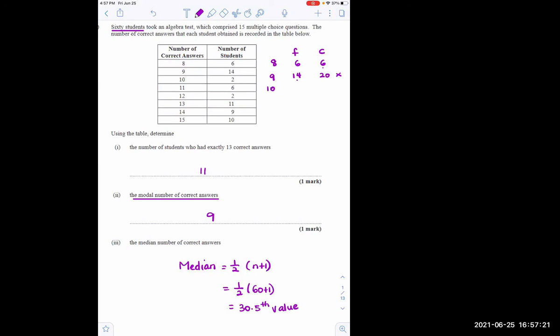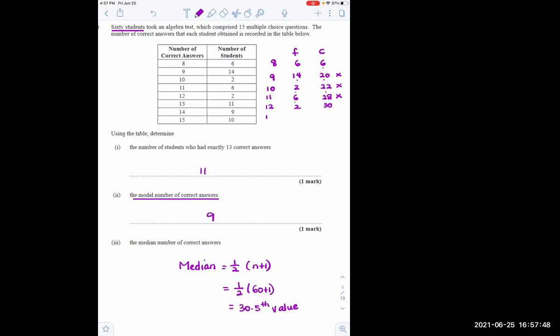For 10 correct answers, we have 2. The count is 20 plus 2, 22. We did not reach 30 as yet. For 11, the frequency is 6. 22 plus 6 is 28. We did not reach 30 as yet. For 12, the frequency is 2. Here is 30, but we want 30.5.